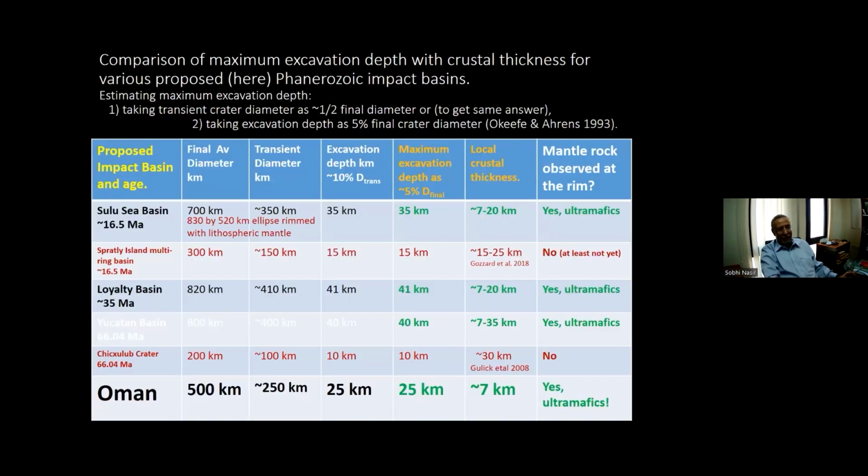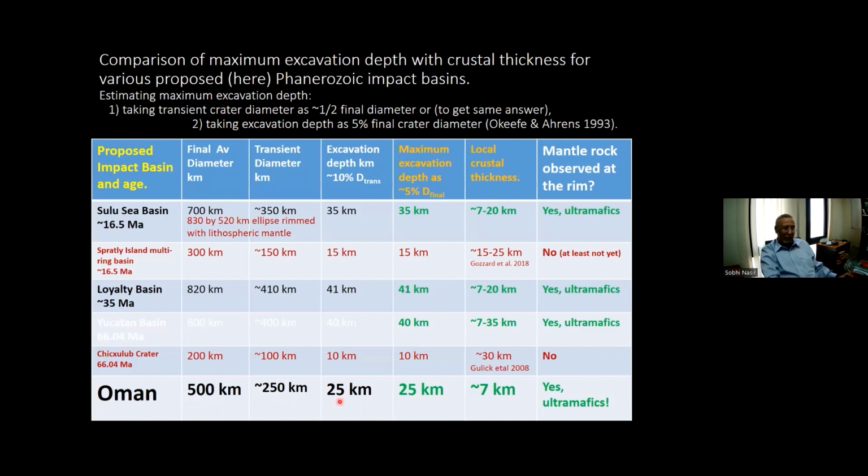And he suggested that it could be formed not by a supra-subduction zone, not a mid-ocean ridge, but it could be the remains of an impact crater, with a diameter of 500 kilometers, which is enough to give a transient diameter of 250 and an excavation depth of 25 kilometers.